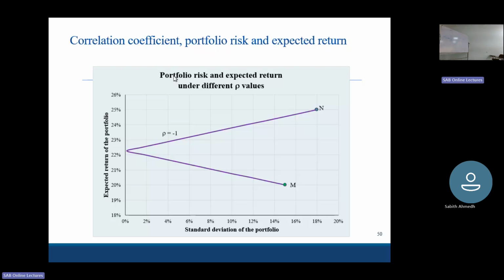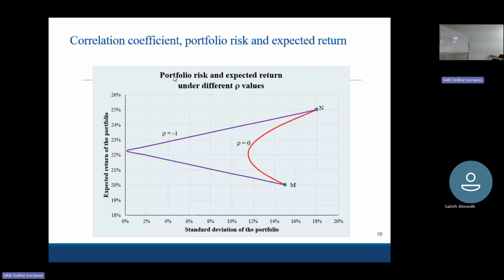Now look at this. If the correlation coefficient is 0, put 0 in our double summation formula and calculate. When the correlation coefficient is 0, this is the path. Moderate level diversification is possible.